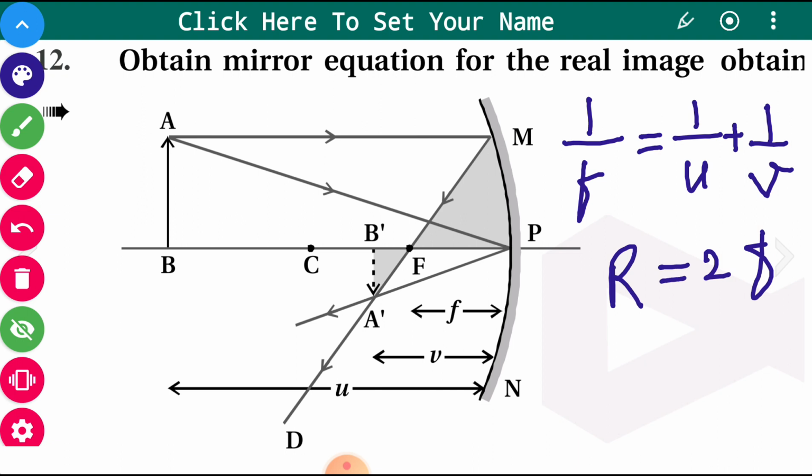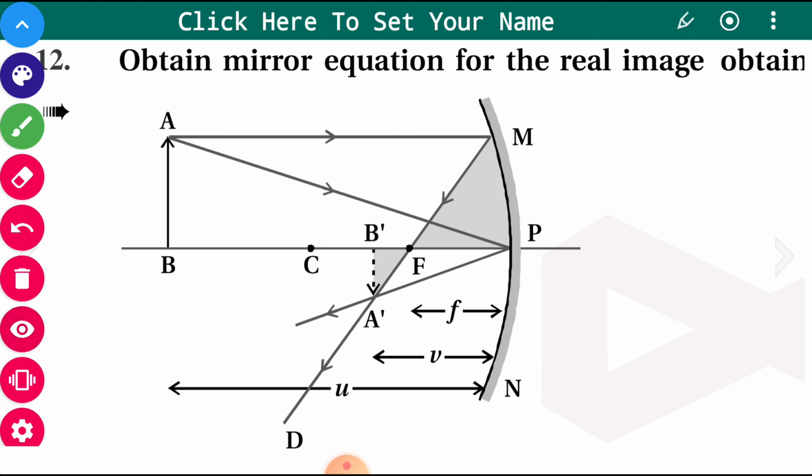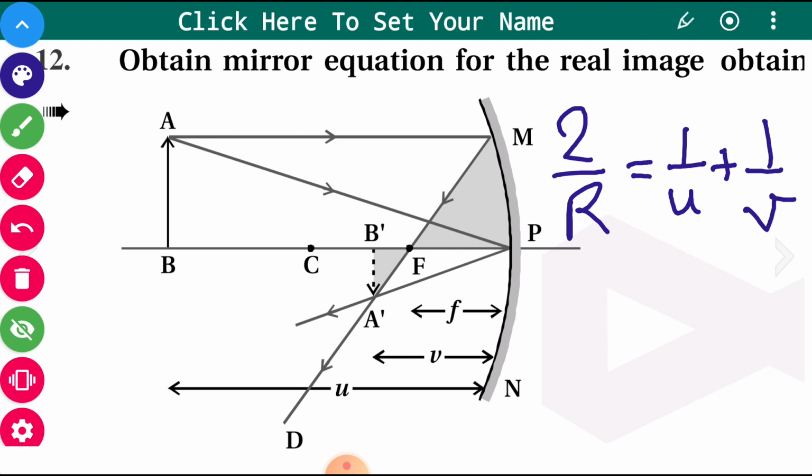So we can say 1/f = 2/R. So if you want to write this relationship between radius of curvature, object distance and image distance, it can be written as 2/R = 1/u + 1/v. So these are the equations that you should remember.